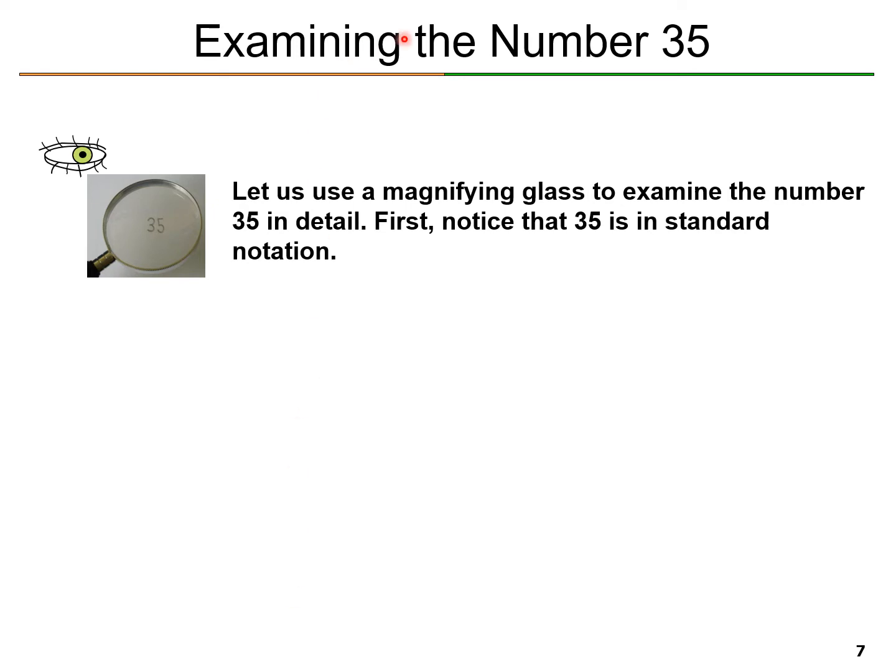Let's examine the number 35 in detail. First, notice that 35 is in standard form. And all we've seen so far is numbers written in standard form. So we're going to look at the number 35 in expanded form.